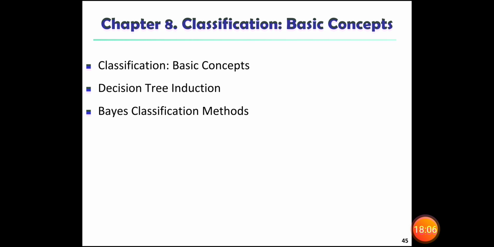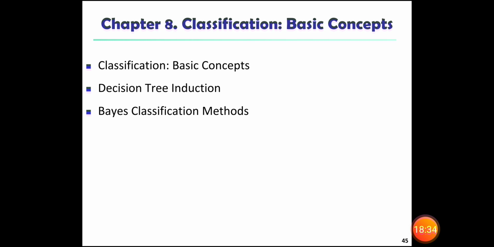So this is a classification based concept. We have discussed the basic concepts for classification with an example, then the decision tree induction algorithm: we discussed the introduction, the algorithm, and conclusions, and compared this decision tree induction algorithm with some other algorithms also.